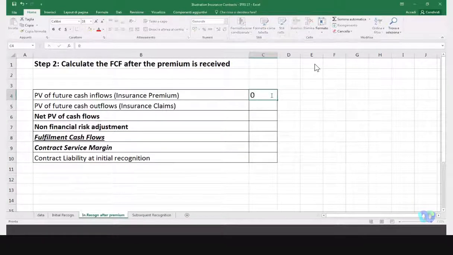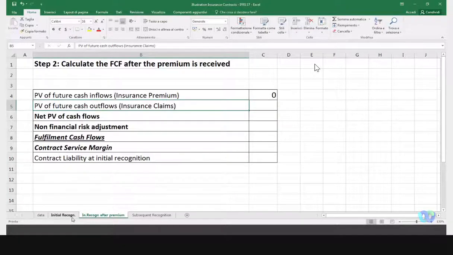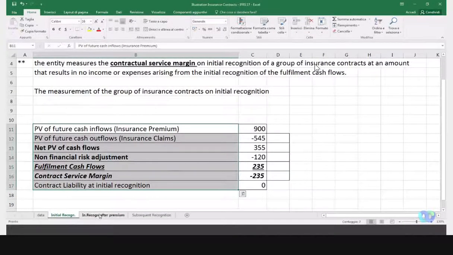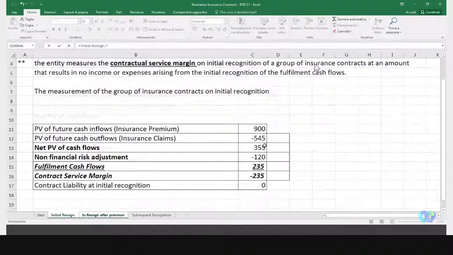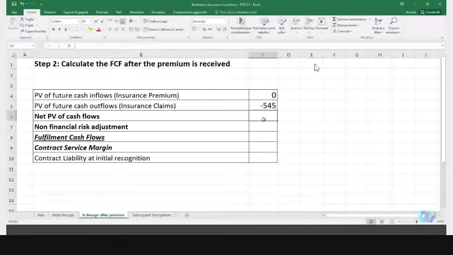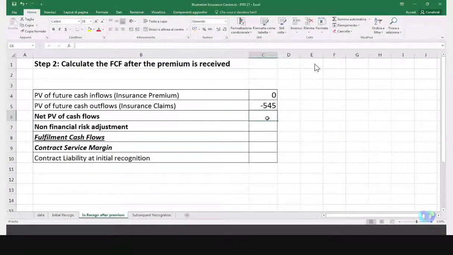No, zero here, okay? The present value of future cash outflows will be the same, 545. It will be the same as before. Why? Because the payments are still to be made in the future, whereas the premium has already been received. That is, in the future, no more premium, but still payments to be done.